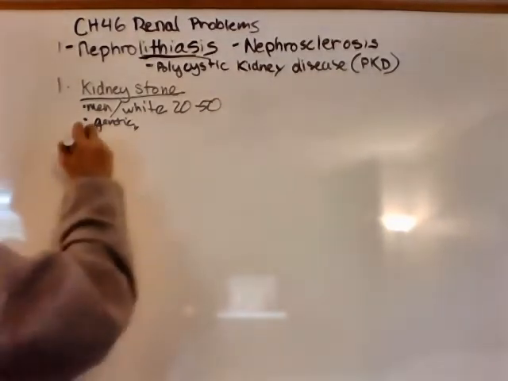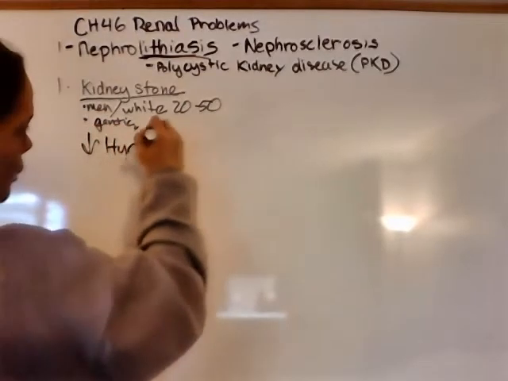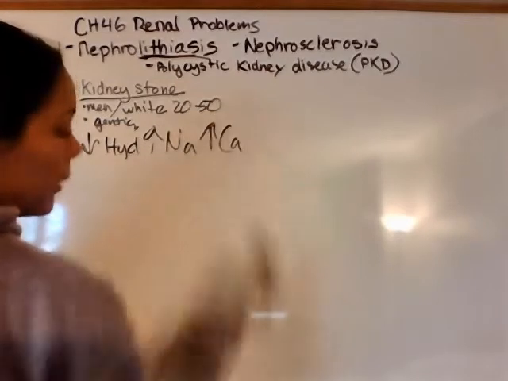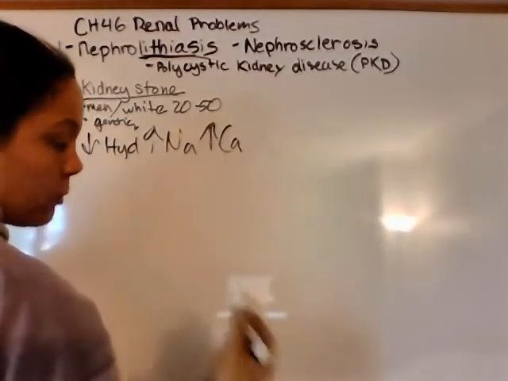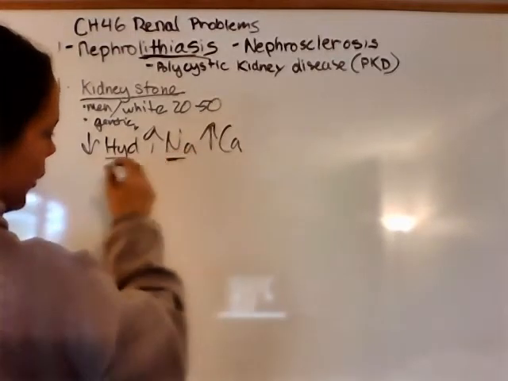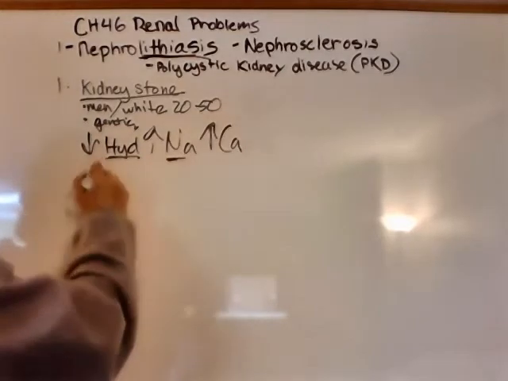All right, what are other risk factors? Of course, low hydration, high sodium intake, also high calcium intake, and again, this depends on what the actual stone is made out of. High uric acid.